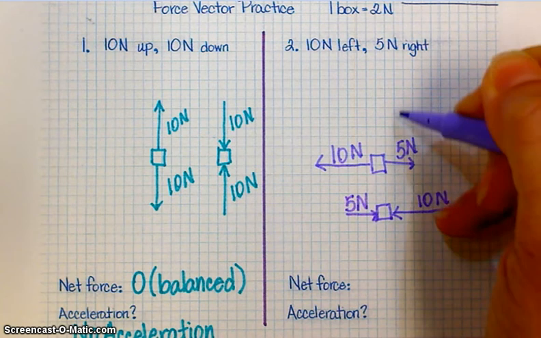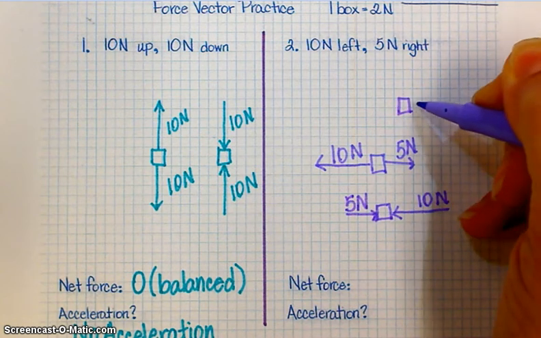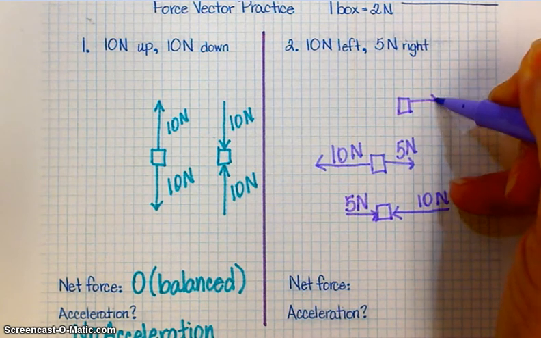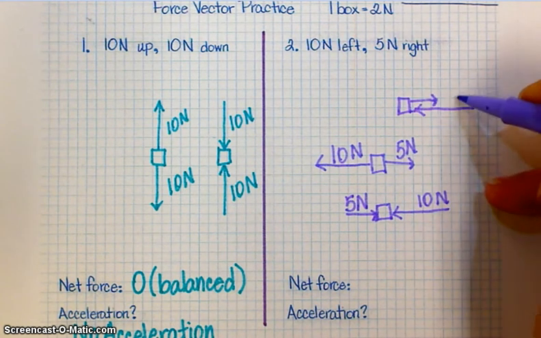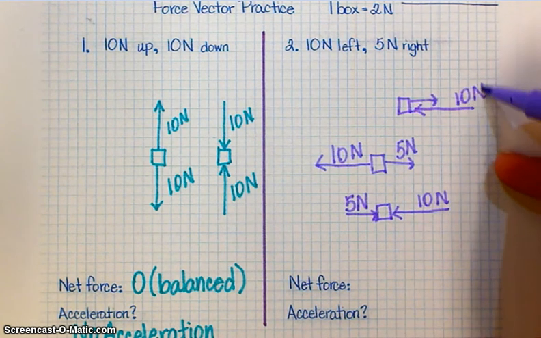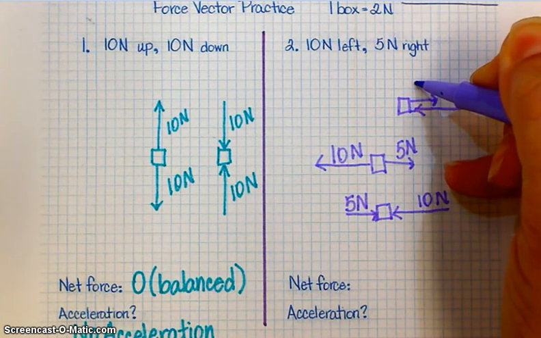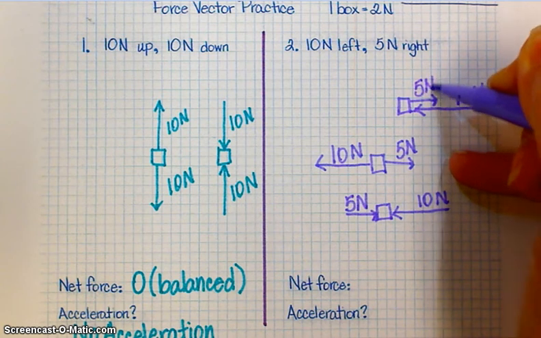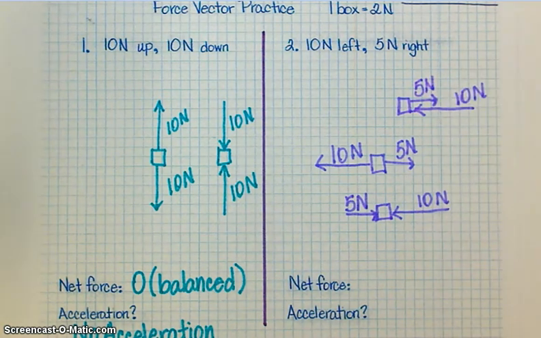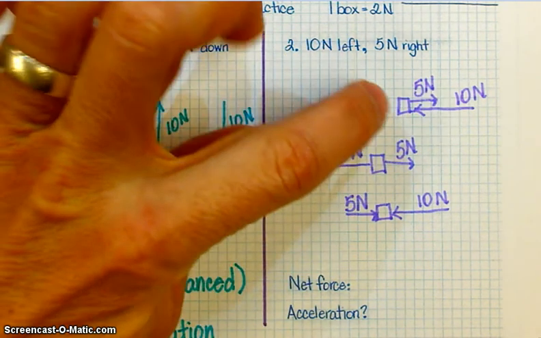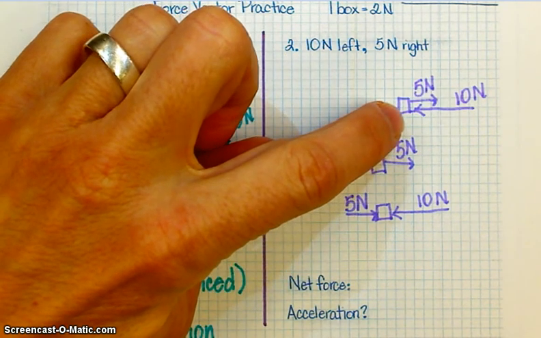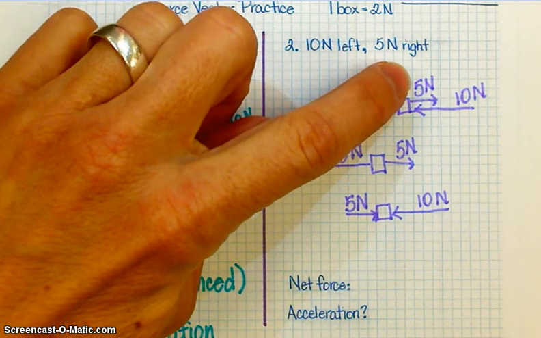I can even draw a combination. Maybe the 5 newtons is a pull and the 10 newtons is a push. But the bottom line is, what matters is not whether we draw it as a push or pull force. What matters is the direction. So in all three cases, the situation winds up being the same. 10 newtons points to the left, 5 newtons points to the right.